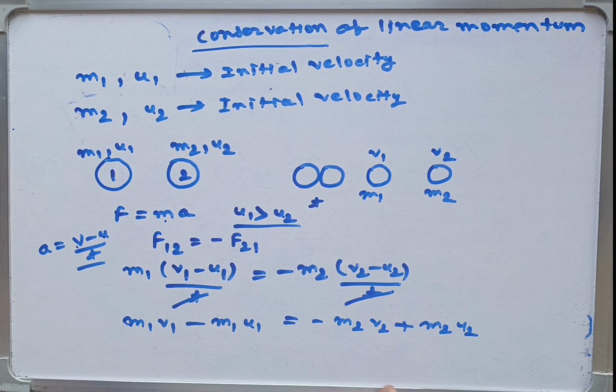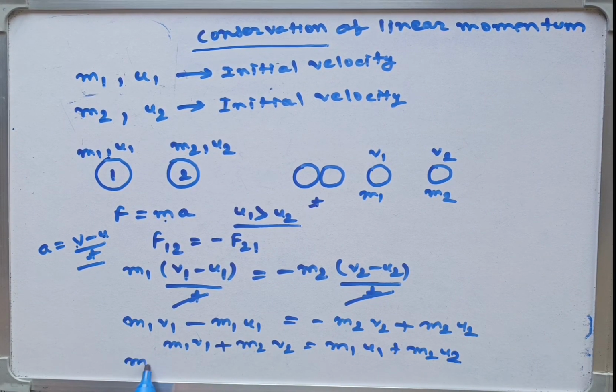If we take this to this side, then this becomes a positive sign. We can again rearrange this: the left-hand side becomes m1 u1 plus m2 u2, and the right side is m1 v1 plus m2 v2.